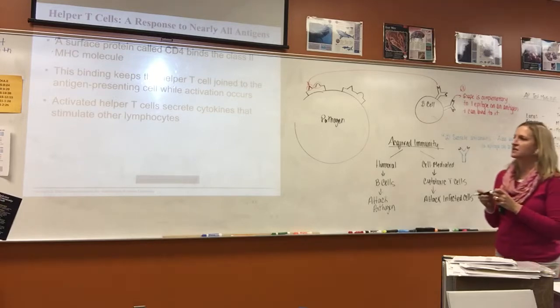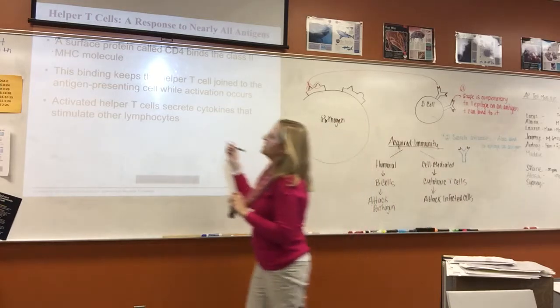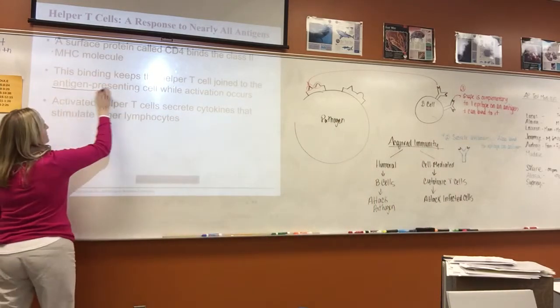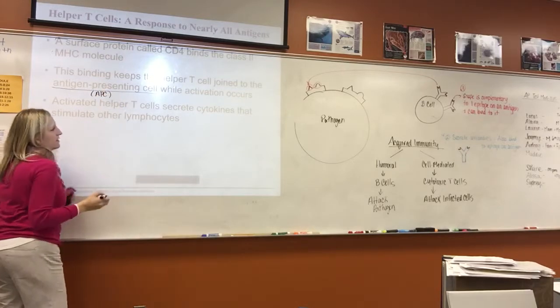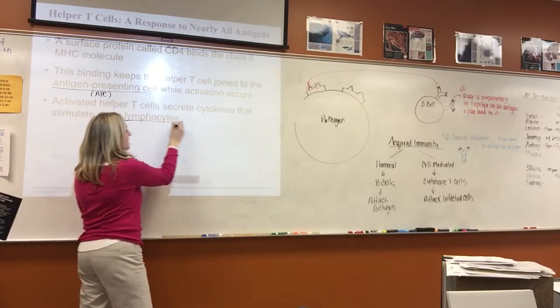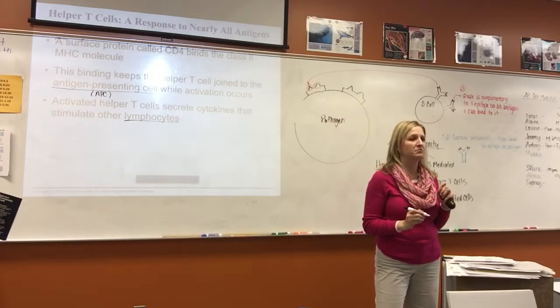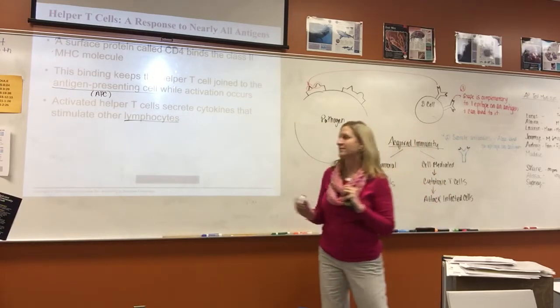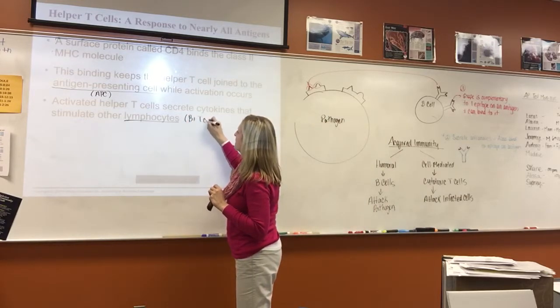Activated helper T cells secrete cytokines that stimulate other lymphocytes. So antigen-presenting cells, I'm going to abbreviate APC from now on. And lymphocytes, what are two kinds of lymphocytes that are involved in this? These are your B and T cells.